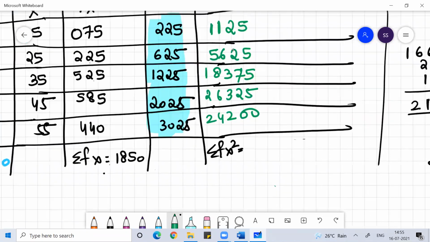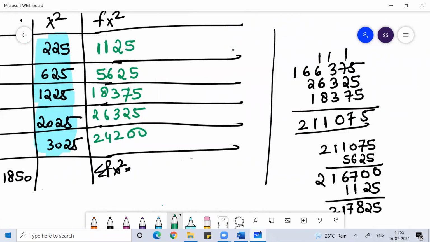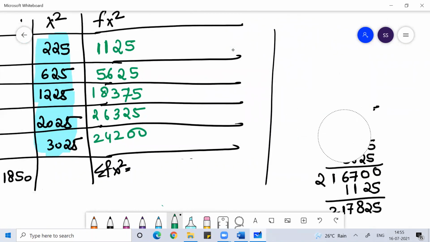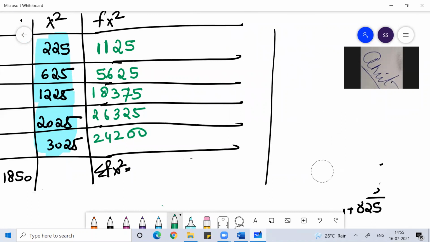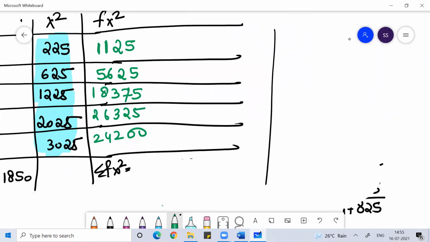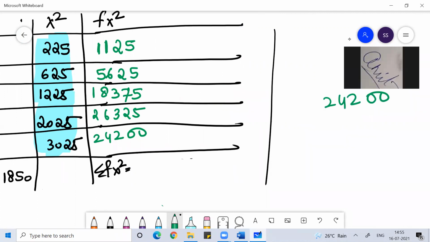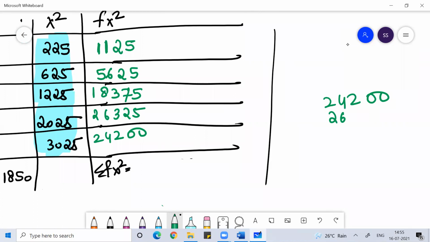So again, let me calculate, guys. You can use calculator. 24200, then 26325, then 18375.